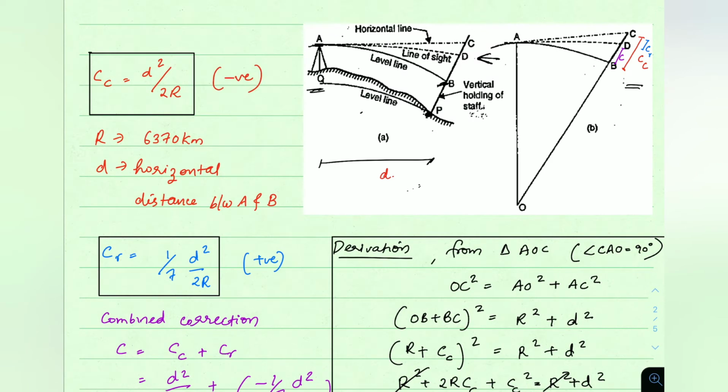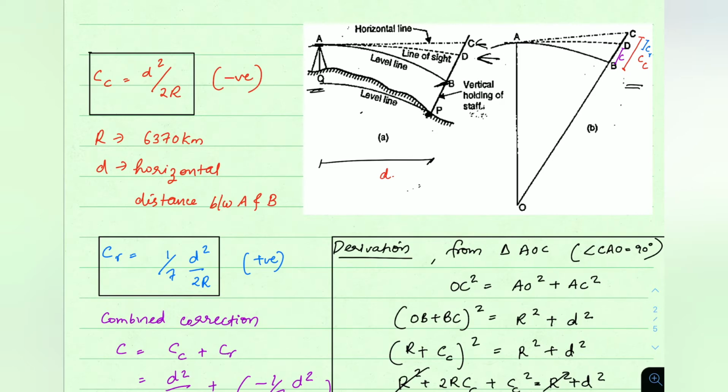This is our C point. So first we have to understand this B is where we have to get the staff reading. But because of the curvature, we get the value at C. So in order to change it to B, we have to decrease that value CB. That is our correction due to curvature, which is negative because we are decreasing the value.